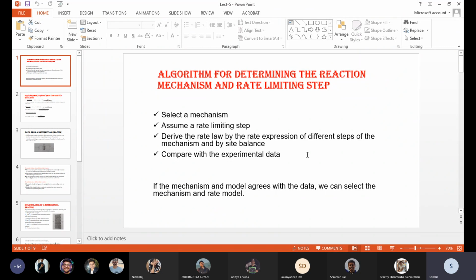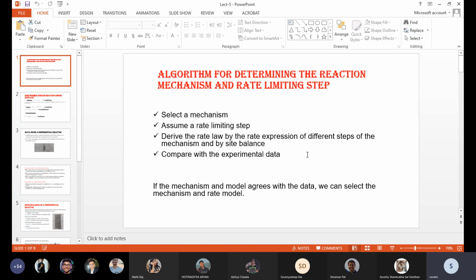By the discussion, you can understand that there is obviously an algorithm for how we can determine the rate limiting step, the rate law, and the corresponding mechanism, which mechanism it is following, whether it is adsorption, desorption or surface reaction. So what are the steps we usually take?